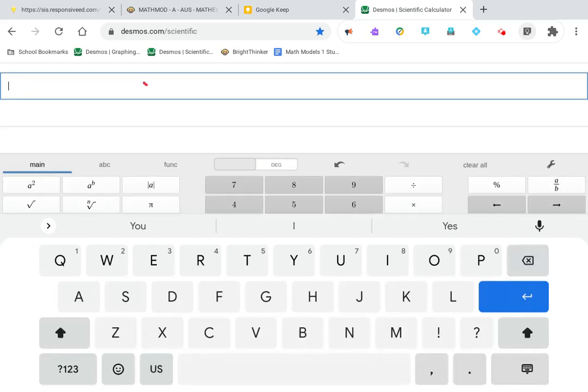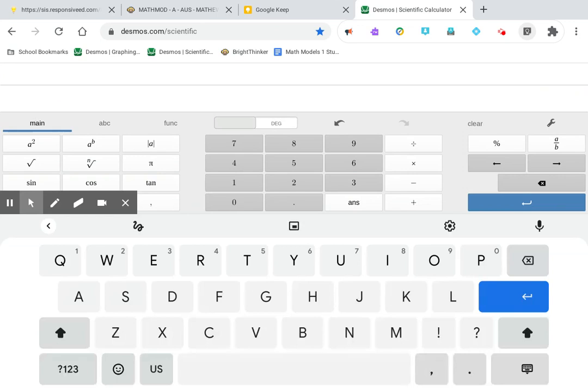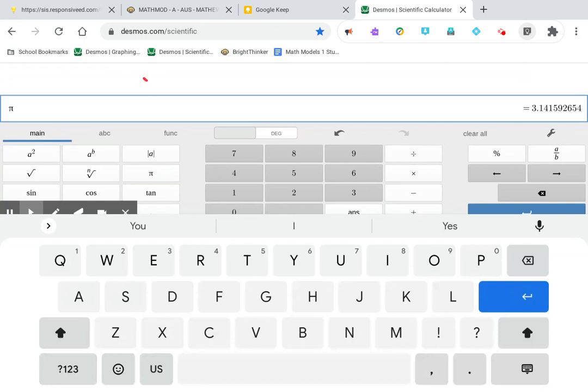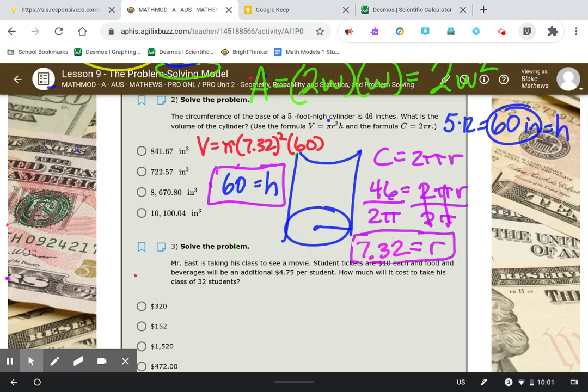We have pi times 7.32 squared times 60. And we get 10,100. And there is our answer right here. So that's our answer for number 2.